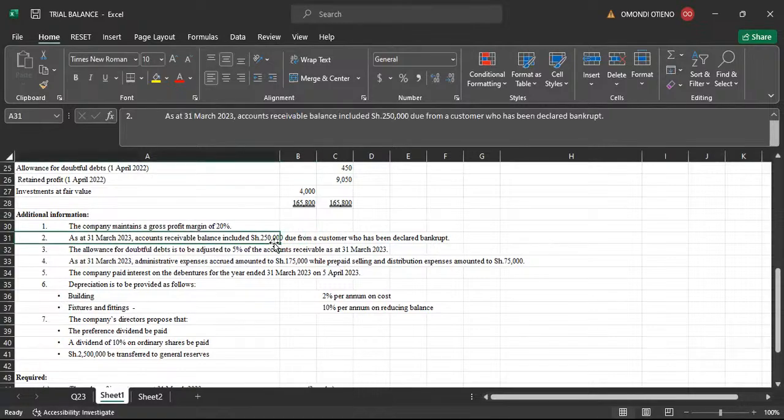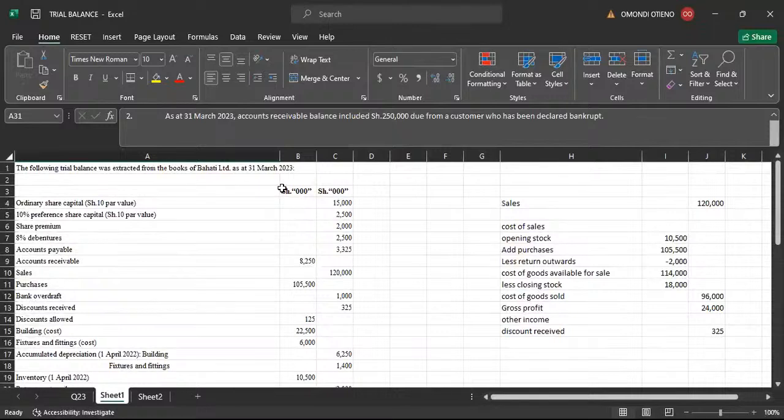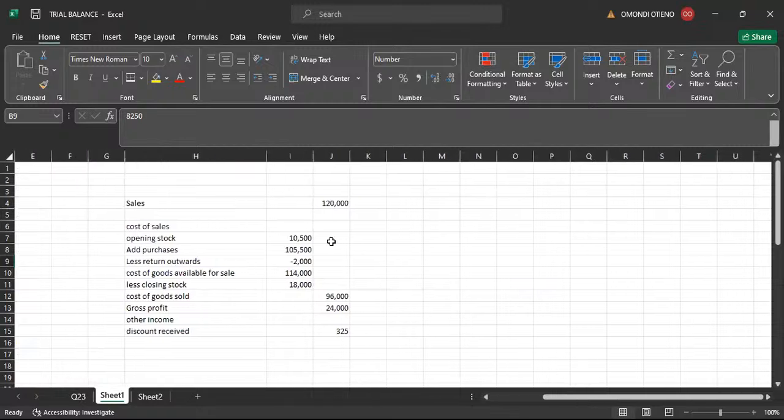Another thing that we need to take care of, these 250,000, remember up here, they're putting it in thousands. So if you're going to subtract it from the accounts receivable here, you don't subtract 250,000, you subtract 250 from 8250. So you can have T account or just do it directly.